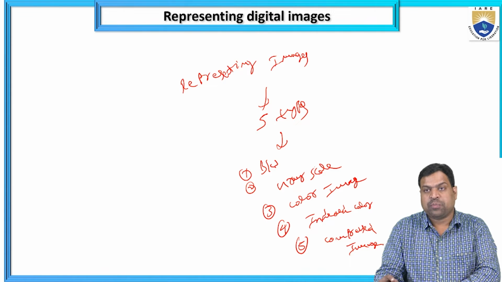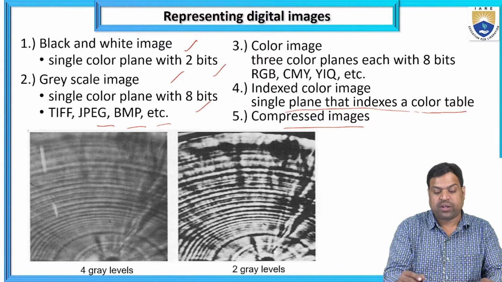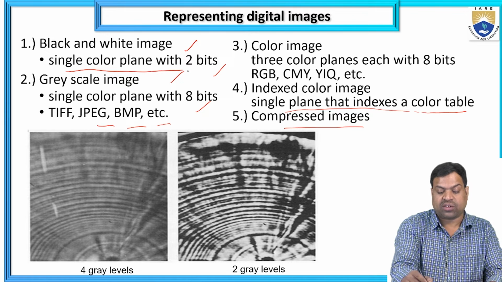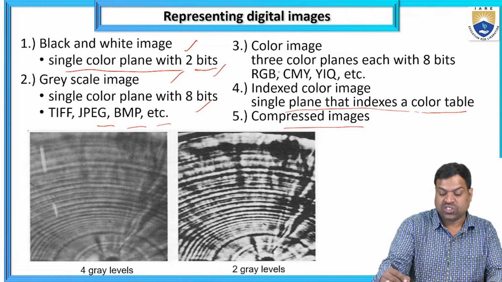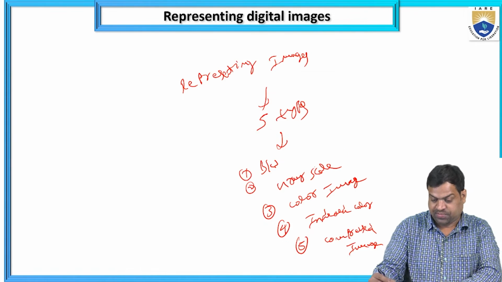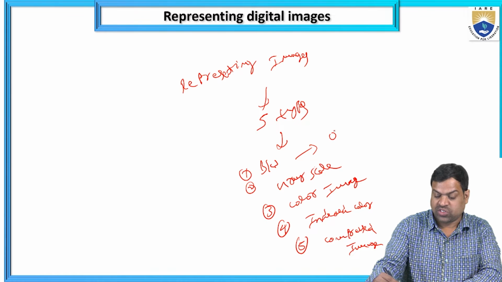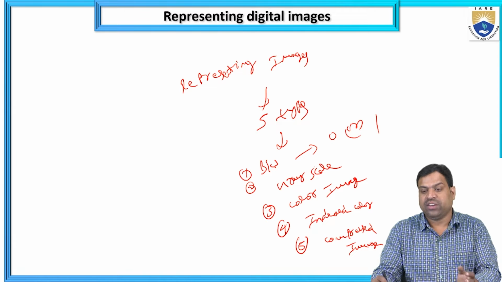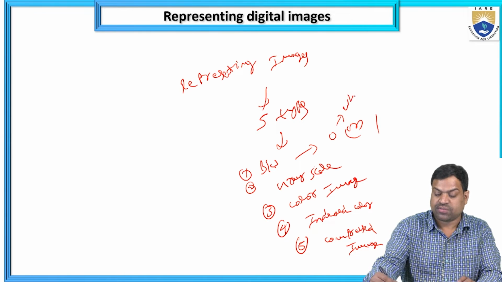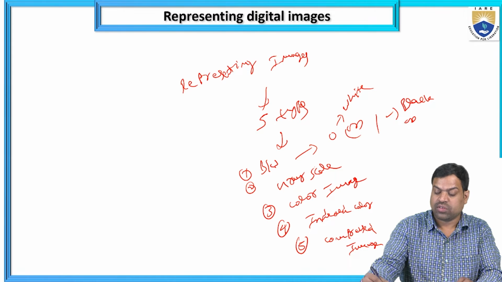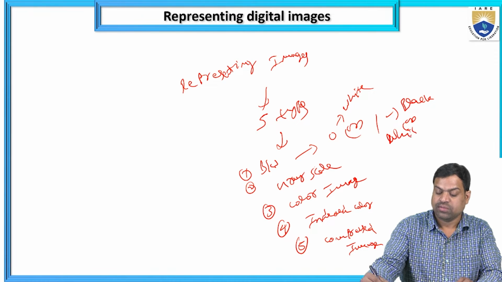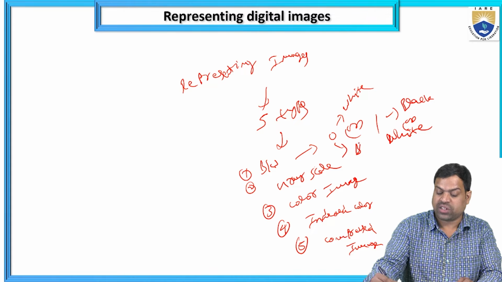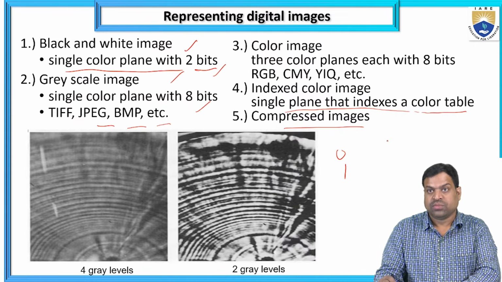So in representing a black and white image, it is a single color plane with 2 bits. 2 bits means 0 or 1. Black and white means 0 or 1. Suppose 0 is white, then 1 is black, or if 1 is white, then 0 is black.